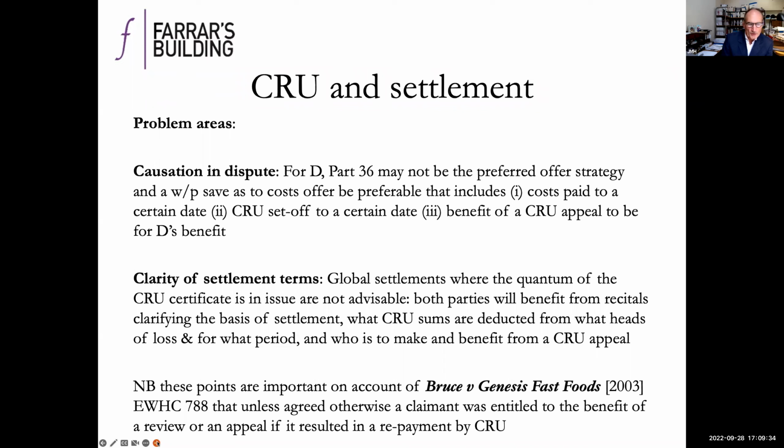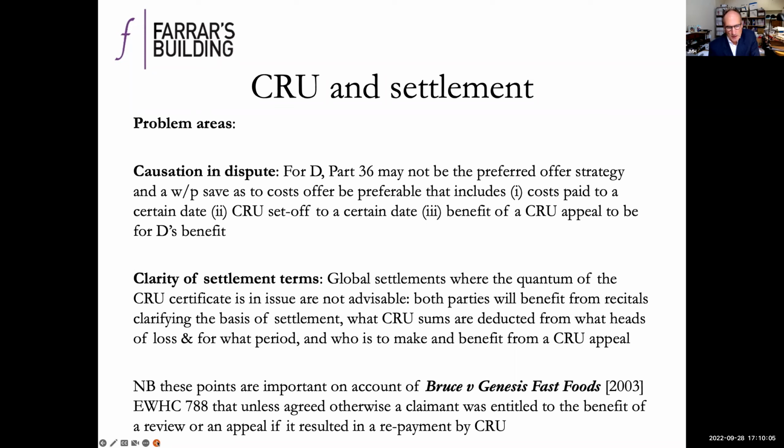But those similar points also apply for the purposes of clarity of settlements, because if you are going to seek a review or an appeal, the basis of settlement is going to be important to be able to demonstrate that there's no inconsistency between the settlement and the basis of the review or the appeal, and more particularly, who is to make and benefit from the CRU appeal, so that there isn't an argument as to who is entitled to the benefit of that appeal should payments be made.